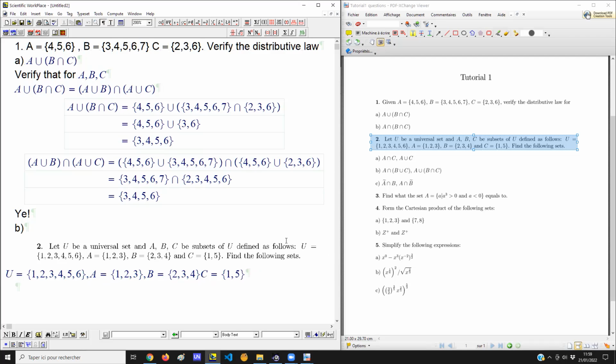Okay, so question A, find the following sets. Here it's really straightforward. You just have to make sure you don't make any mistake. How about you do A on your own a bit, and then you can check whether you got the right answer.